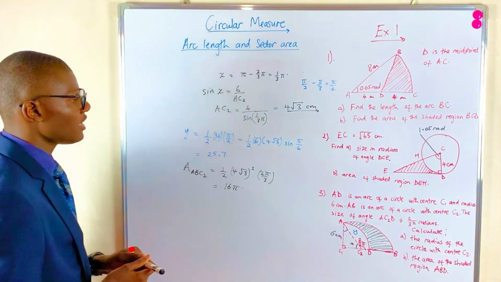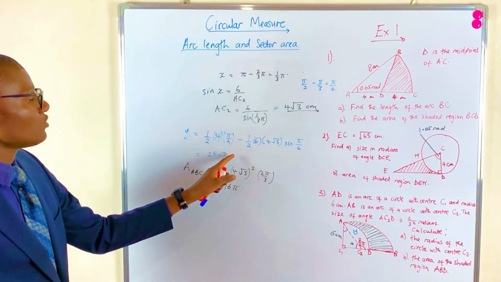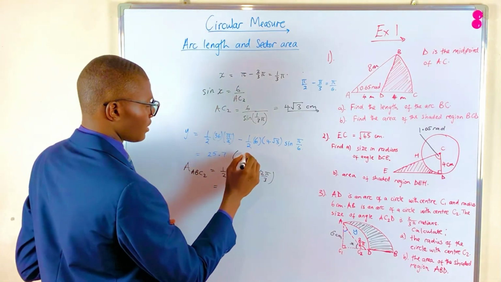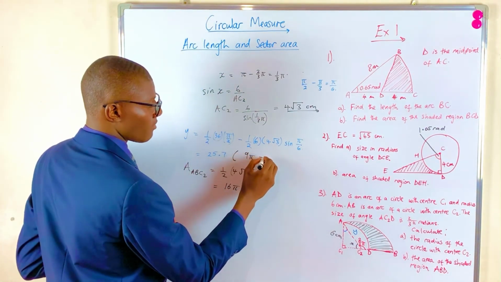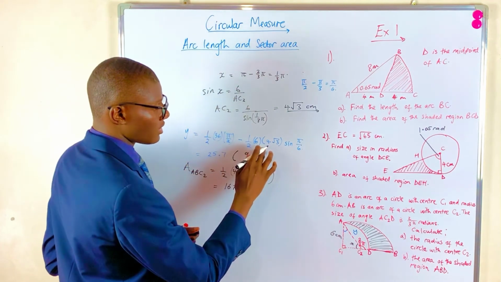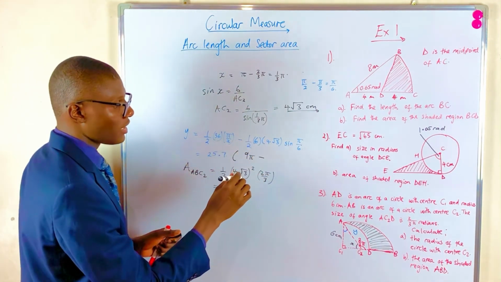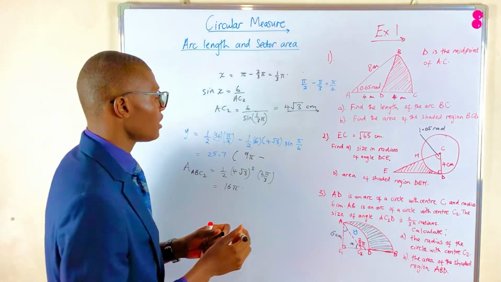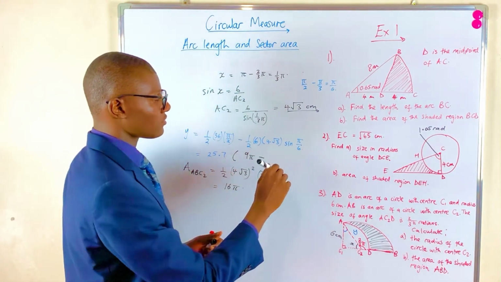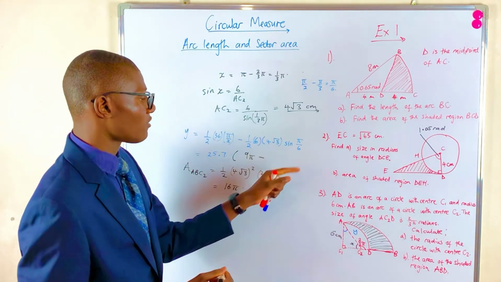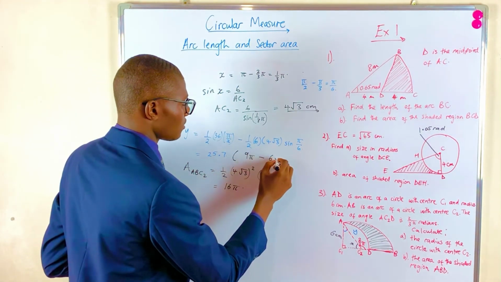Alright, and in case we didn't decide to round it off, it was going to be 9 pi minus, then we get 12 root 3 sine of 30, that will be half, so that will be 6 root 3.